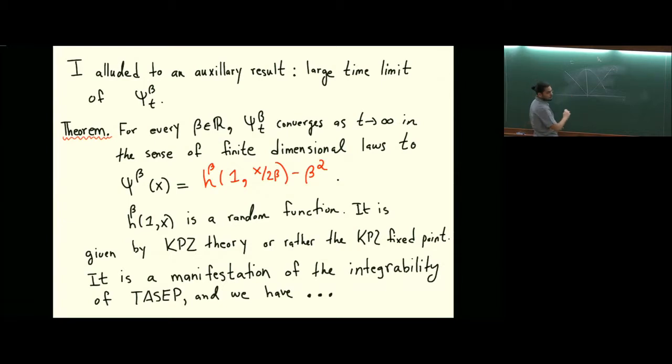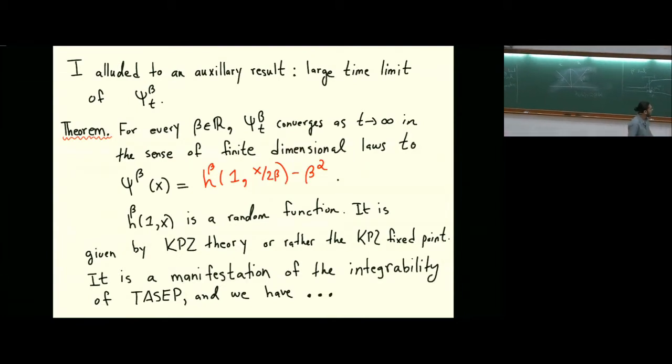You have a V whose slope is 2 beta here and minus 2 beta here. So the function here is 2 beta absolute value of x. If you look at KPZ growth started from this kind of initial interface, the growth at some positive time is going to be described by these functions h beta.